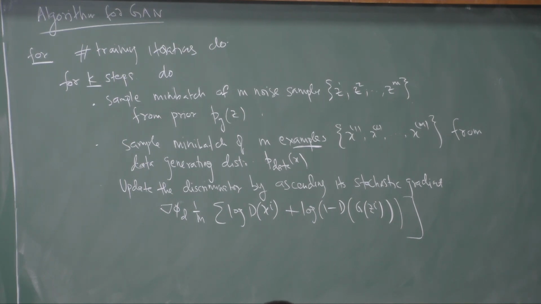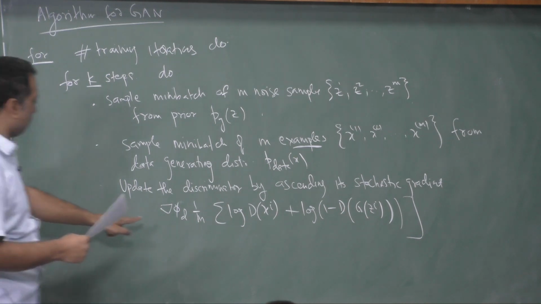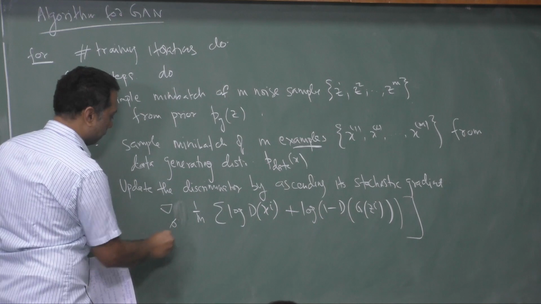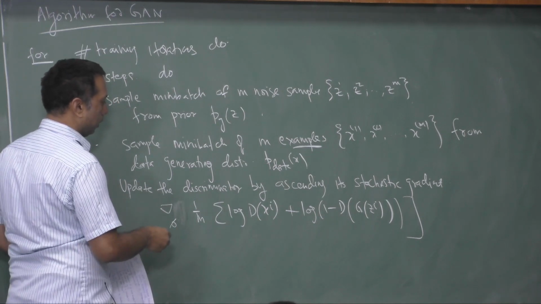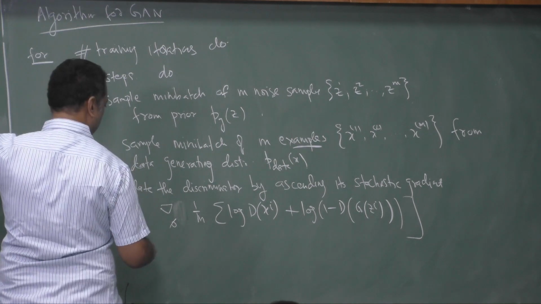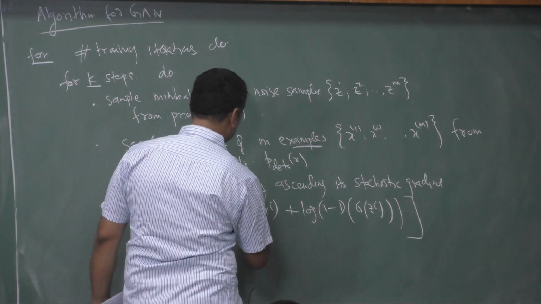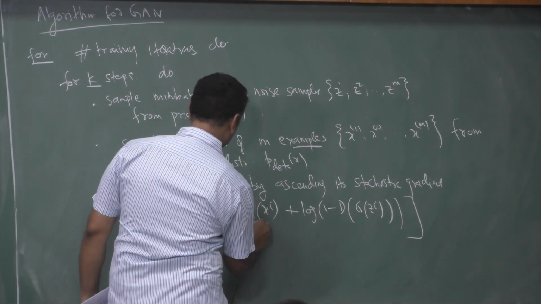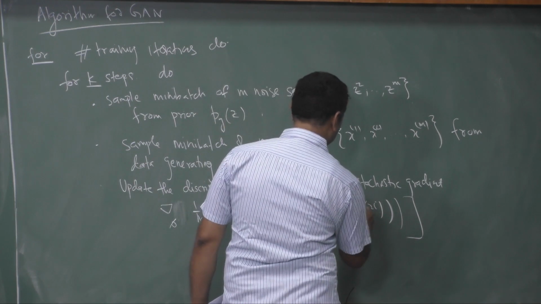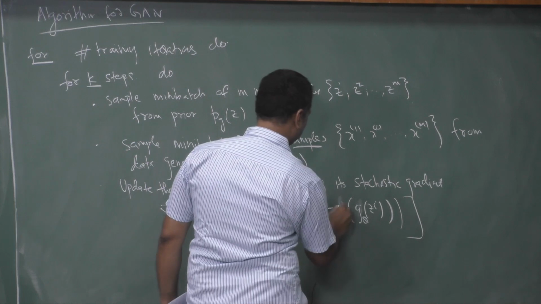So these are gradients with respect to phi, and this is the expectation term, D phi of xi, and this is G theta, and this is D phi.